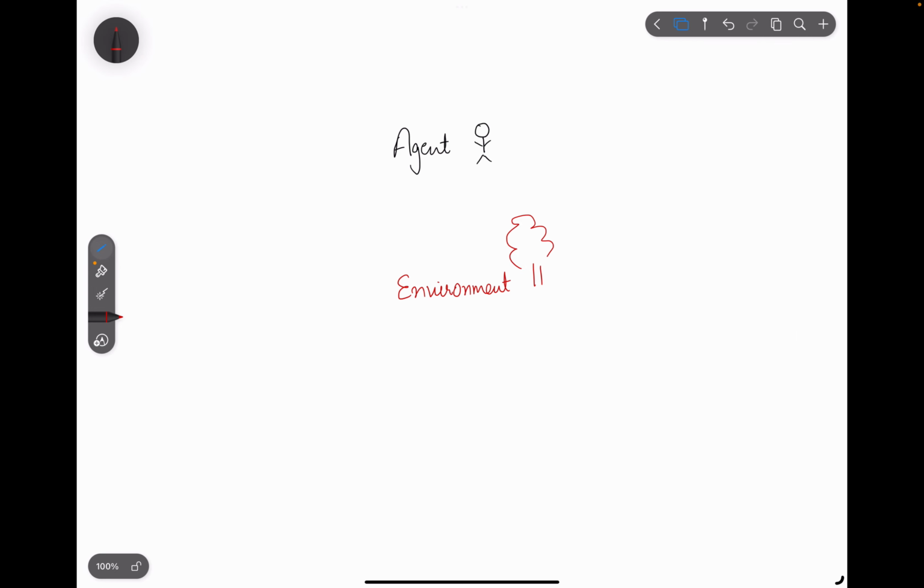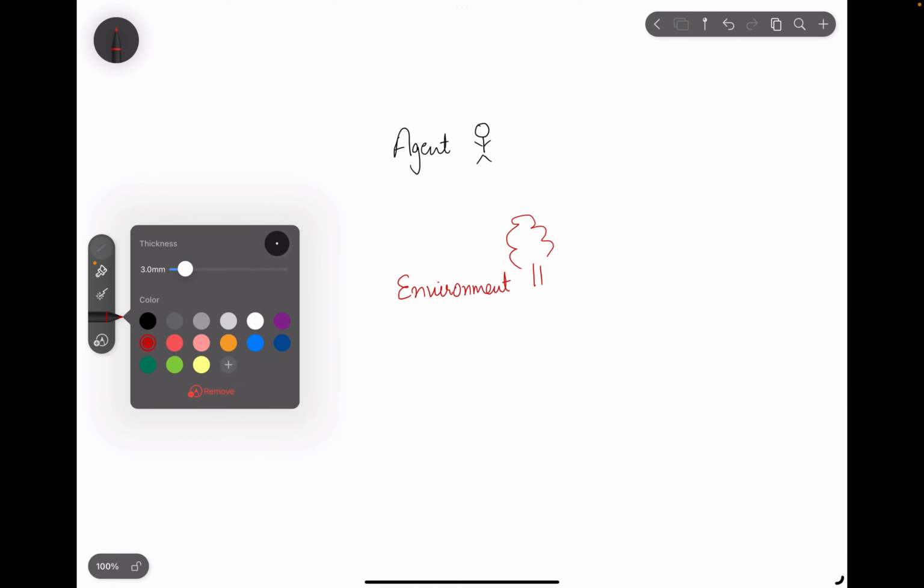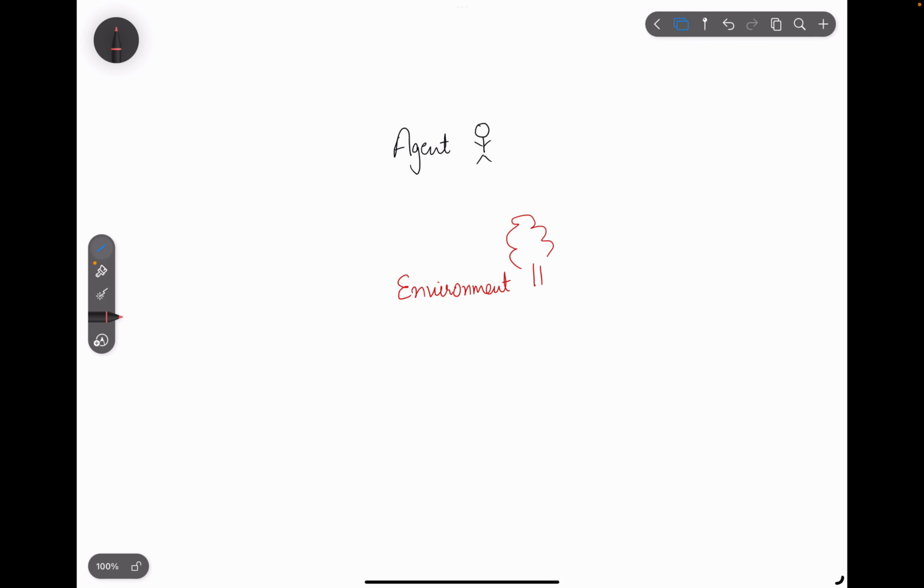Don't mind my bad drawing. Whenever you have an agent in an environment, the agent wants to explore the environment, just like when we go to some new place, we want to explore it. Whenever the agent reaches the environment, it gets a certain state, say state 0. The environment initially gives the agent state 0, that is S0.